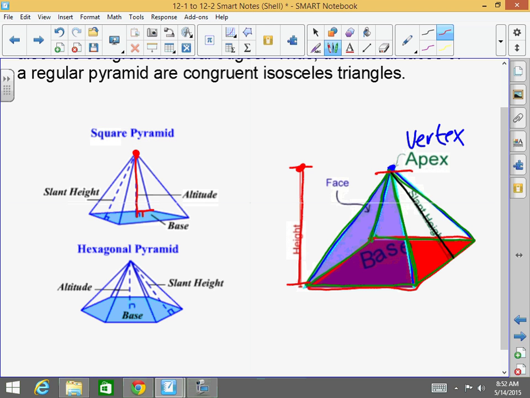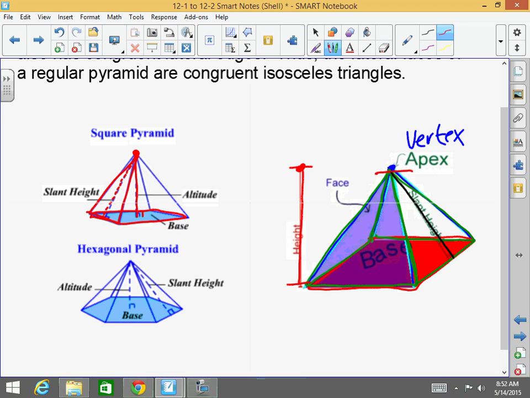You have my base right here, and then you have the slant height. The slant height, again, is the height of the actual face of the pyramid. You with me here?